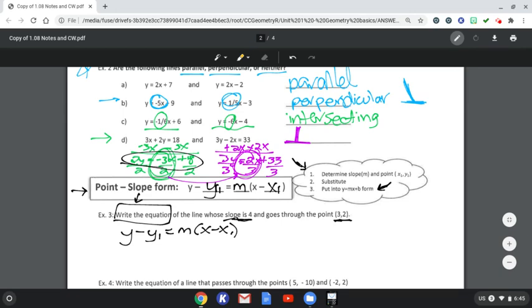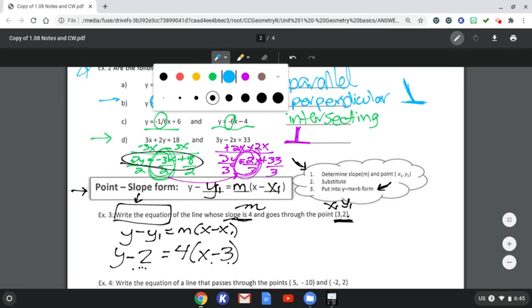And the question reads, write the equation of a line whose slope is 4, so that tells us our m value, and goes through the point x1 is 3, y1 is 2. So that's the first x value, the first y value. So making our substitutions, y minus our 2, the y value, equals our slope 4 times x minus our x1 value, 3. So again, these positive numbers become negatives in that formula.